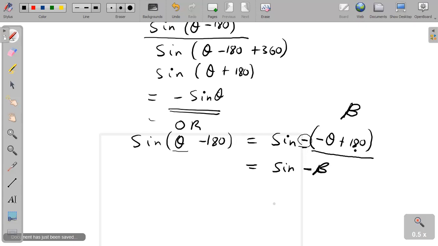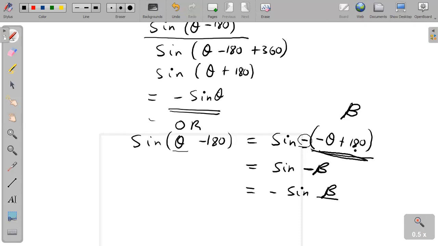But we understand that sine of a negative angle, negative beta, is going to be found in the fourth quadrant. And in the fourth quadrant, sine is negative. So this is going to give us negative sine beta.